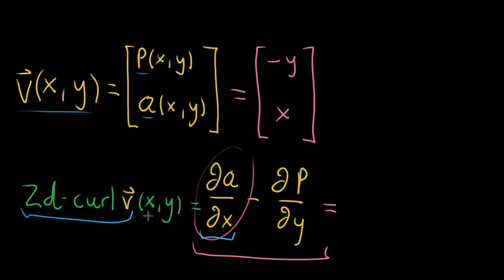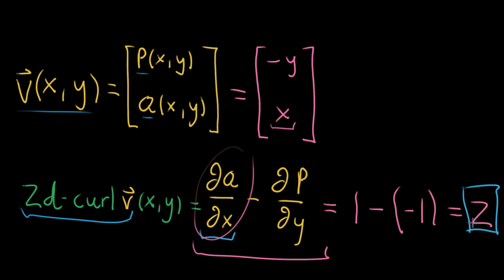So when we apply our 2D curl formula, the partial of q with respect to x, so the partial of this second component with respect to x, is just 1, and then we subtract off the partial of p with respect to y, which up here is negative 1, because p is just equal to negative y. So the 2D curl is equal to 2, and in particular it's a constant 2 that doesn't depend on x and y, which is pretty unusual.